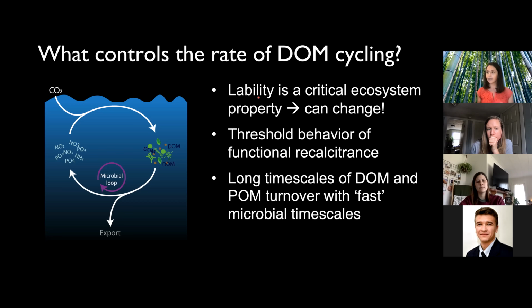And the last thing that I found particularly exciting is that we get these long time scales of bulk DOM and POM turnover that are slow at depth, but by using model parameter values that are fast in accordance with what we know about microbial growth. So we don't have to have our microbes growing at 0.01 per day or some of these really slow rates that other models have needed to use to match observed dynamics. Our microbes are growing really fast, but there are these other interactions that are resulting in the slow turnover times.